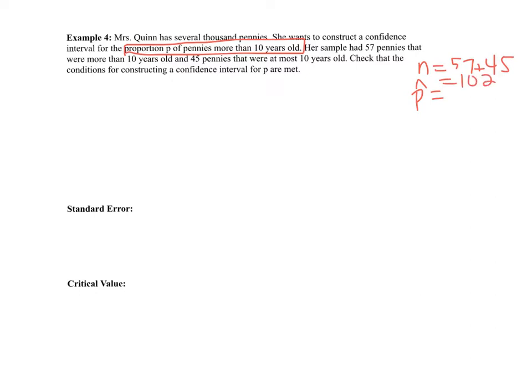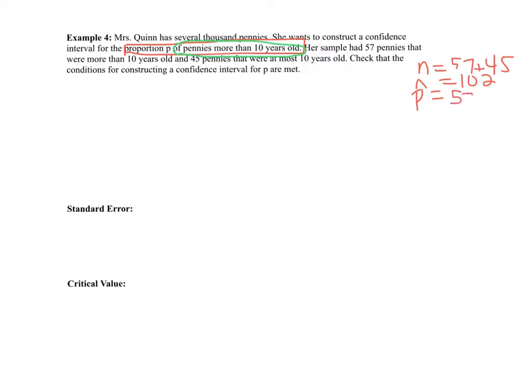My p hat is going to be the sample proportion of pennies that are more than 10 years old. We know that that's what we're looking for because that's what she's trying to estimate. 57 of them were more than 10.